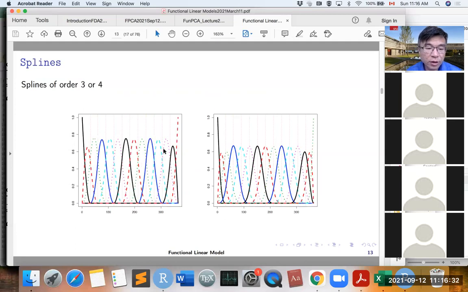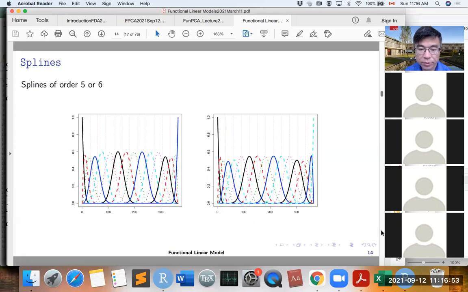This is the order 3 splines. In each segment, it is a degree 2 polynomial. This is order 4 B-splines, where each segment is a degree 3 polynomial.